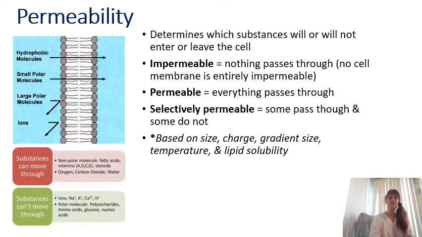And this is based on a number of factors, including the size of the molecules trying to get through the membrane, whether or not these molecules carry a charge, how many molecules are on one side of the membrane versus the other side of the membrane, and that will be referred to as the concentration gradient.